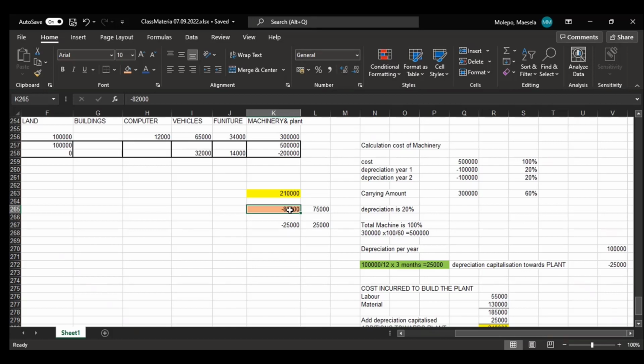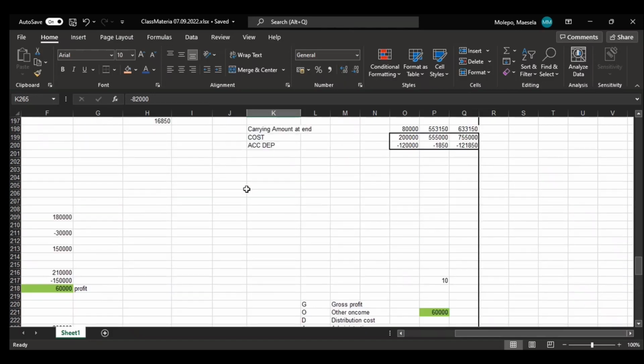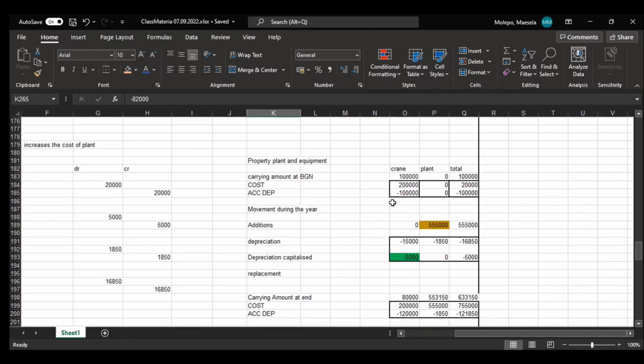So here I know why you get confused. For capitalized, it's always a minus. I know the reason you get confused, because it's like we capitalize to the same asset. Unlike the one we did before, where we got confused because we were capitalizing from crane to plant.